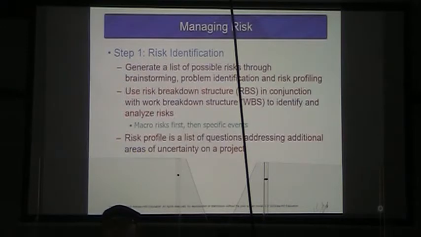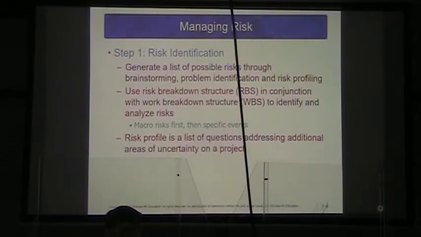All right, so what do we do to manage our risk? The first step, as I said, is risk identification. So generate a list of possible risks. We're going to use brainstorming, problem identification, and risk profiling, right?